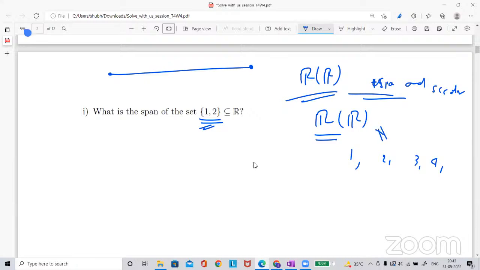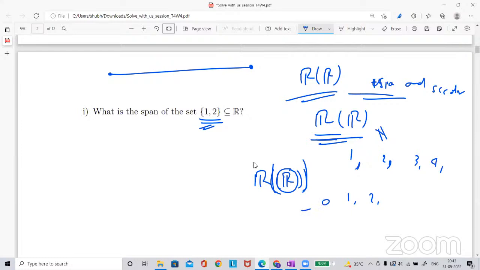Please stop me if you have doubt about how these are vectors. I am saying the real line R is a vector space. In this course we are taking the field as R, so the real line is a vector space over itself. R is a vector space over R. The vectors in this vector space are single real numbers.